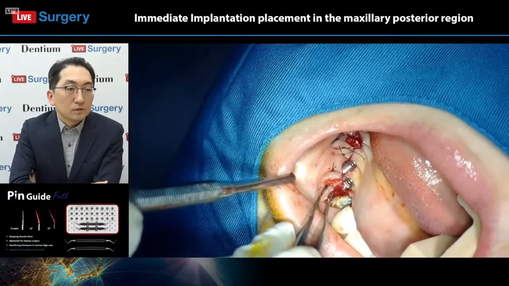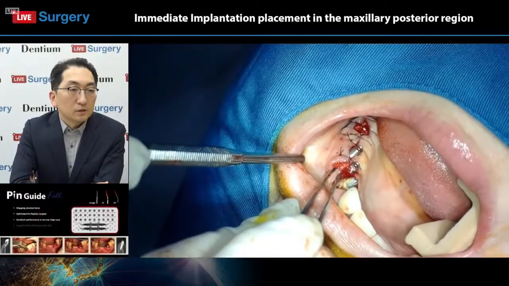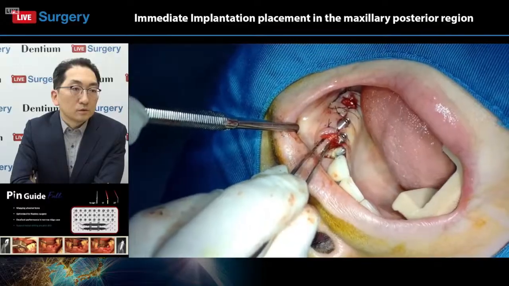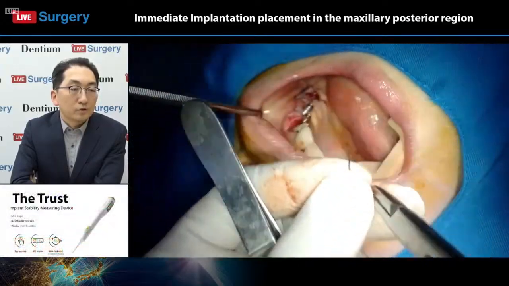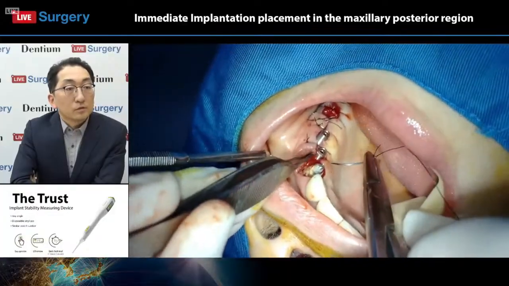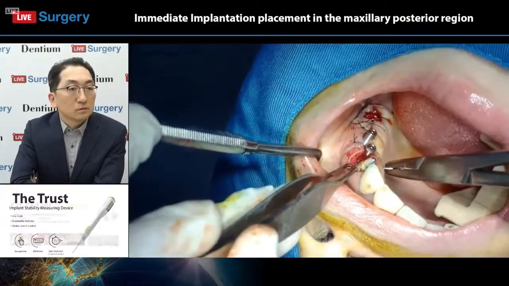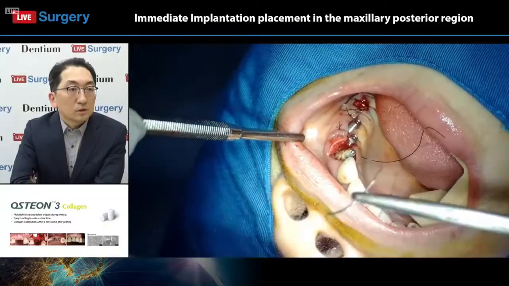And at the 24 implant site, I used the collagen graft to cover the remaining extraction socket area.